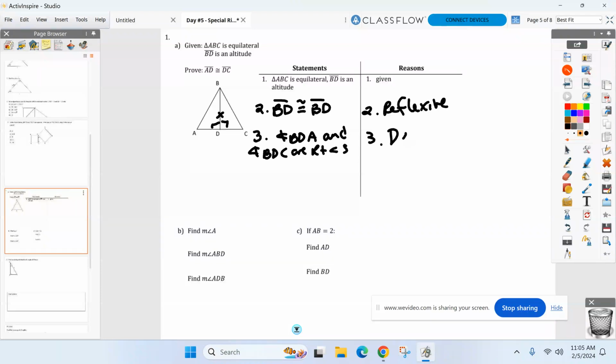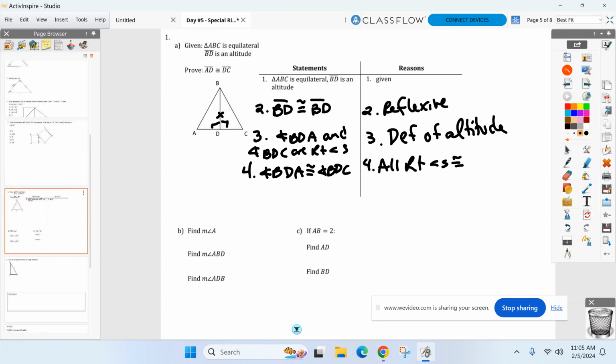Yep, good. Definition of an altitude. Altitudes form right angles from a vertex. And then why don't we, while we're here, right after that, like we usually do, say those right angles are congruent. So angle BDA is congruent to BDC. All right angles are congruent.